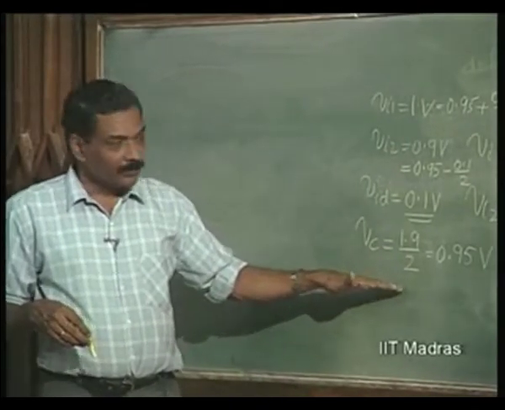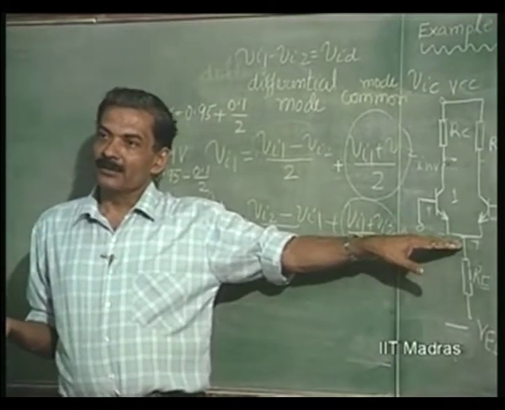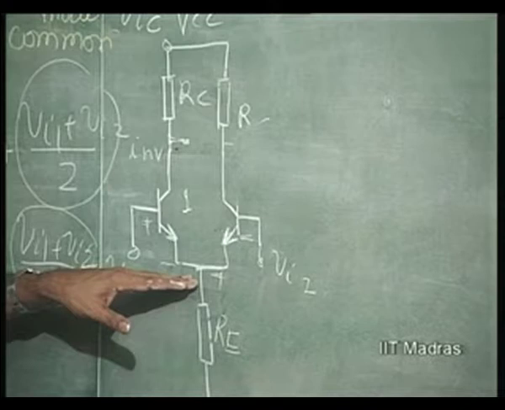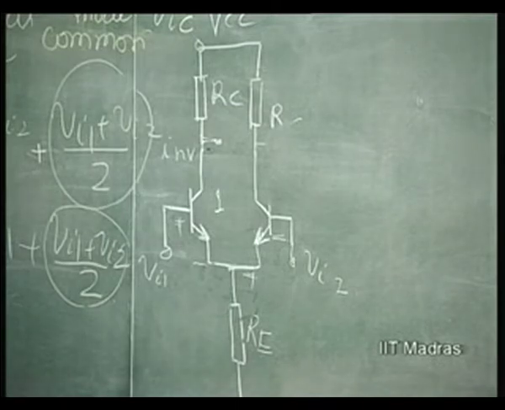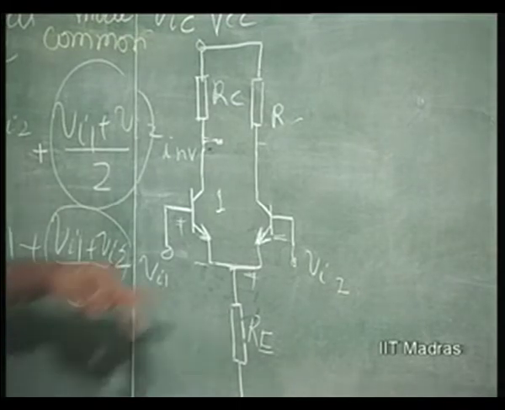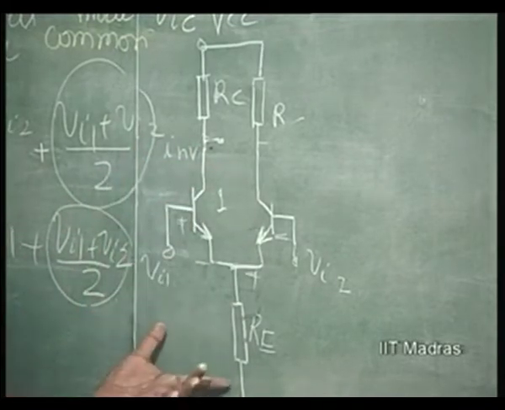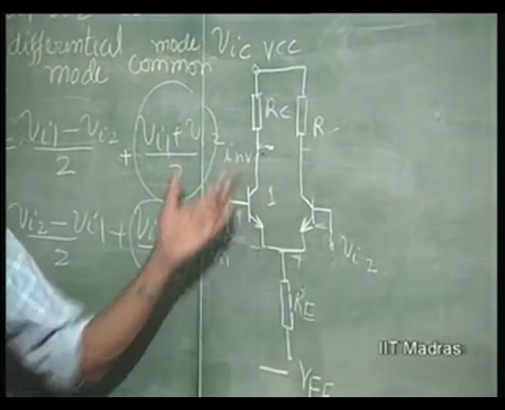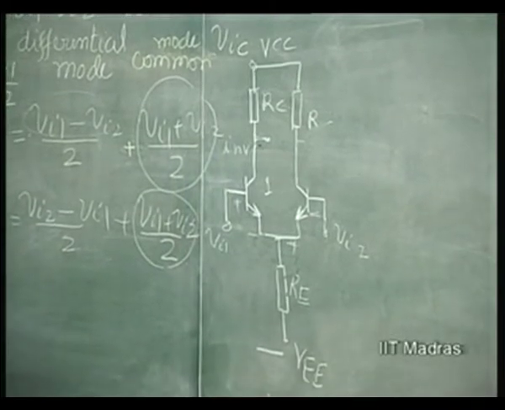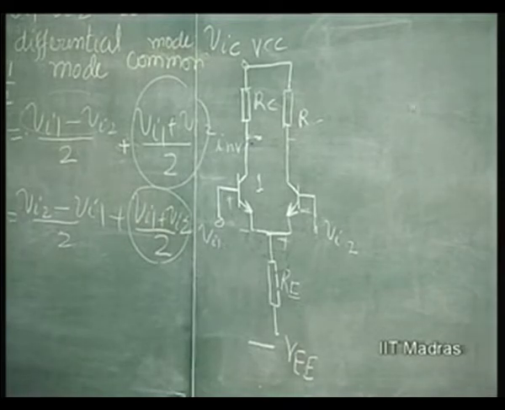This therefore is better than what? Common emitter, because common emitter had no such nice property of separating out the common mode from the differential mode. Because of this symmetry, we will see that this analysis can be easily carried out by splitting this network into simpler networks for differential mode as well as common mode. Let us therefore do that.